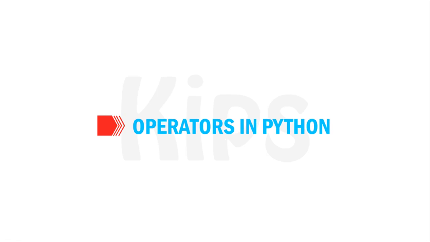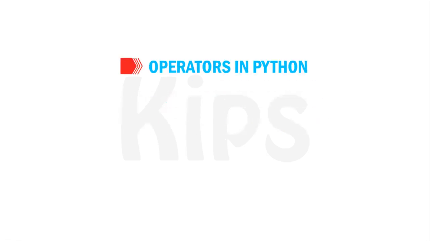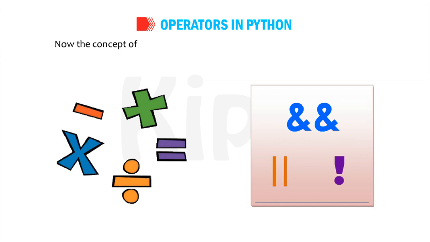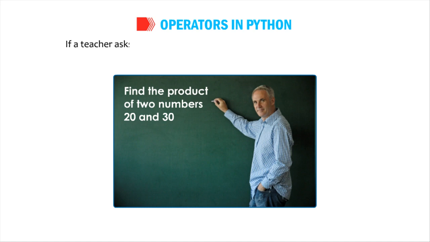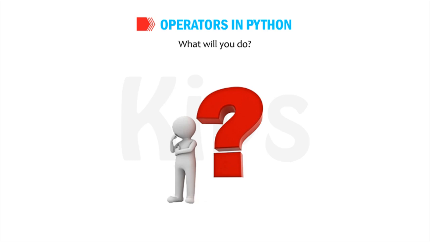Let me explain to you about operators in Python. Now the concept of variables and various data types in Python is clear to you. Let us perform some arithmetic and logical operations on the variables. If a teacher asks you to find the product of two numbers, say 20 and 30, what will you do?